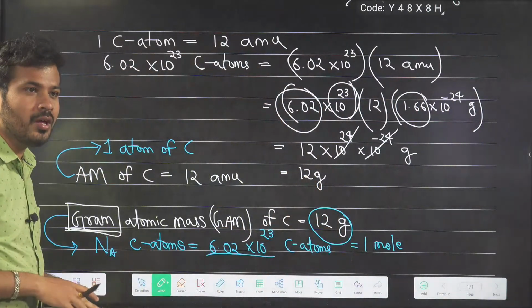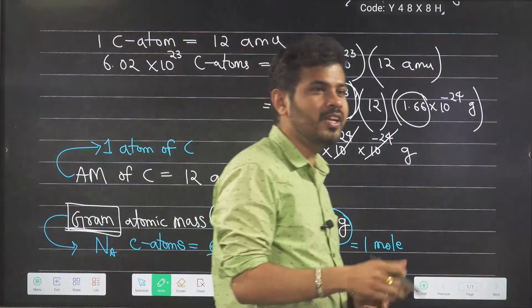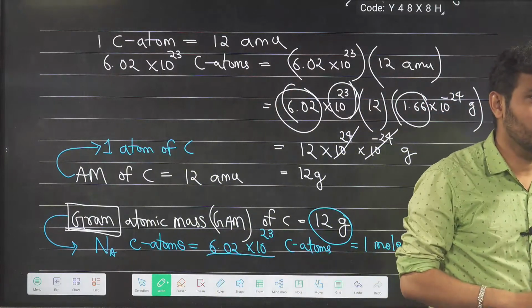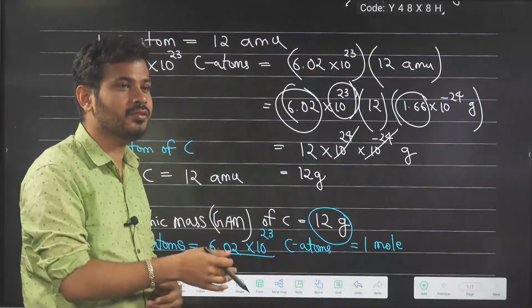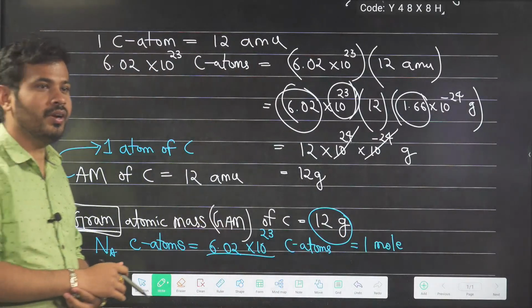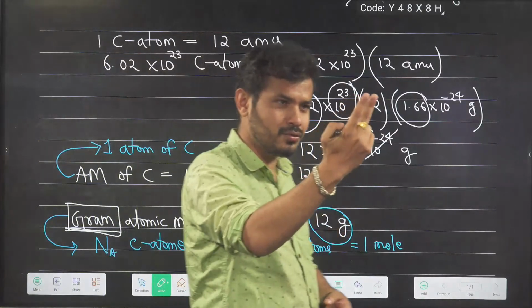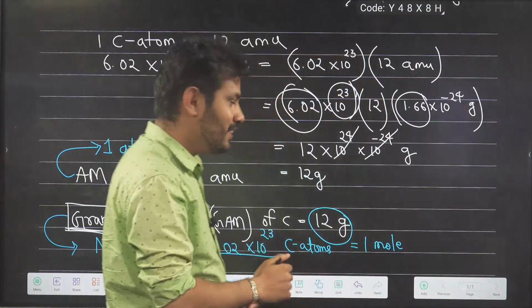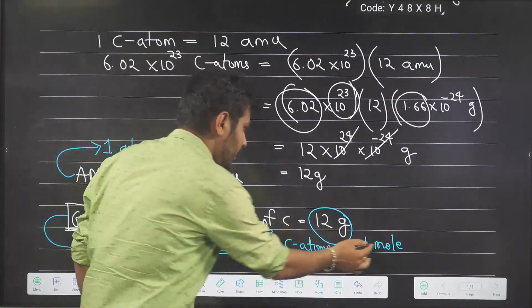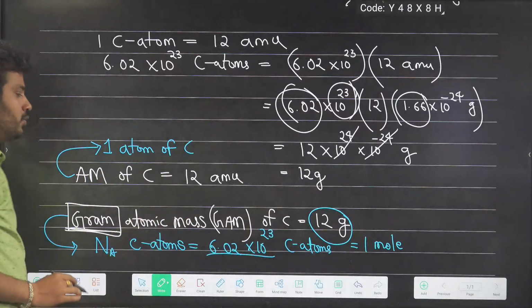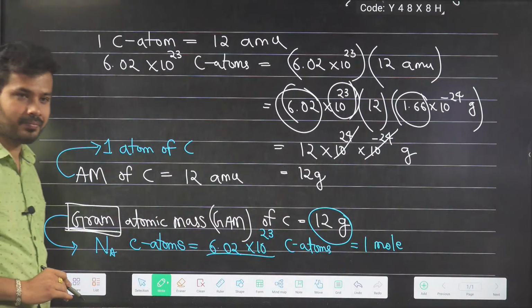Just like to count how many bananas or eggs are there, we can say dozen is the unit. How many dozens of students are there? Suppose 24 students are there, I can say 2 dozens of students. Just that way, mole is just a simple number, and that number is 6.02 into 10 to the power of 23.